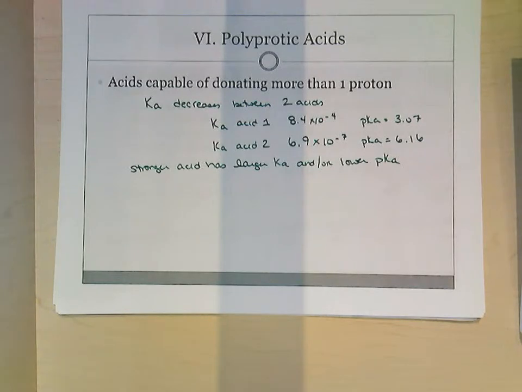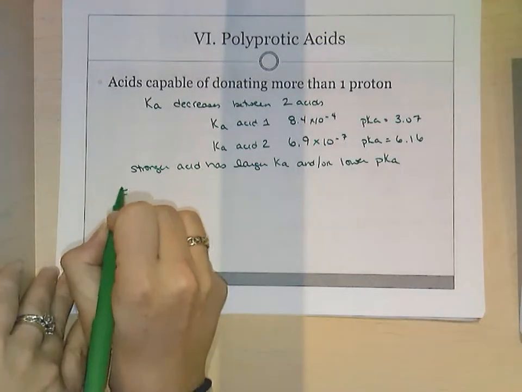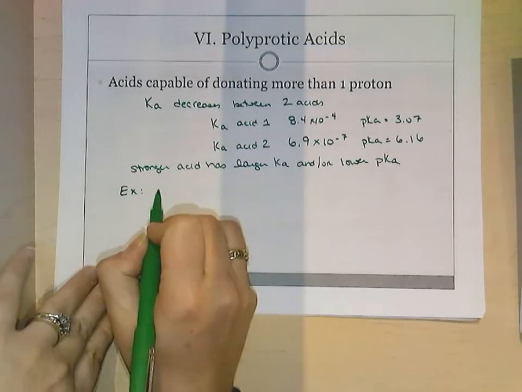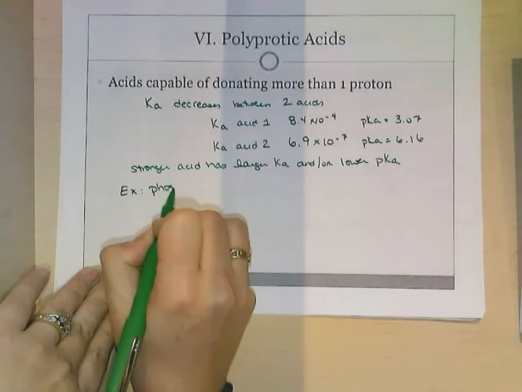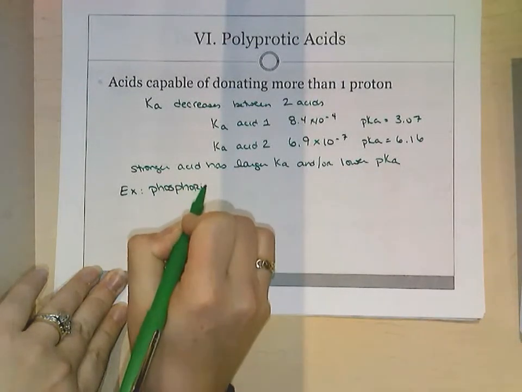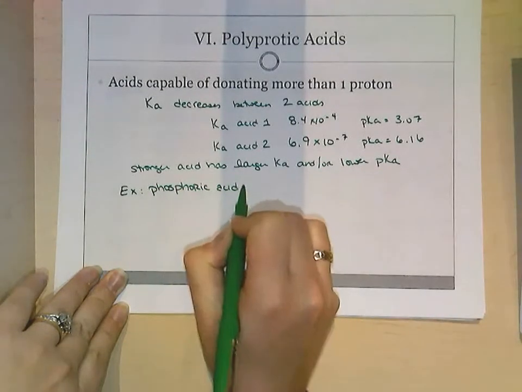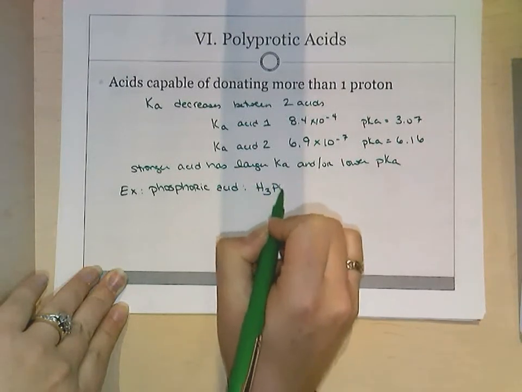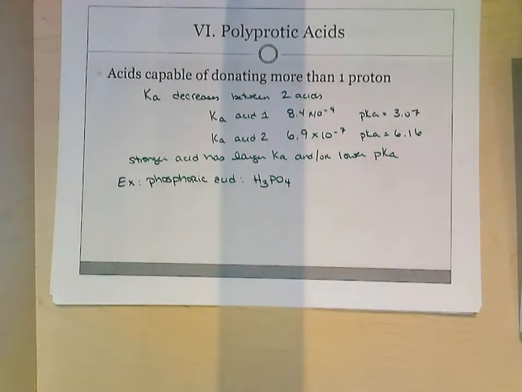So when we talk about polyprotic acids, we're going to use the same logic to figure out the likelihood of each of these reactions happening. So let's say, for example, I have phosphoric acid, which is H3PO4.